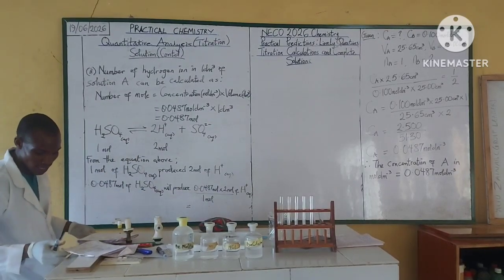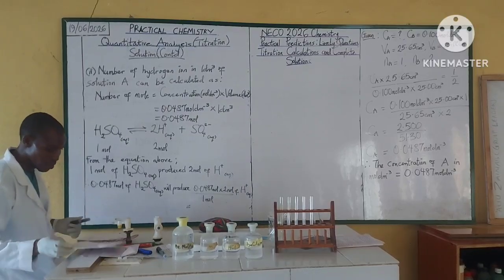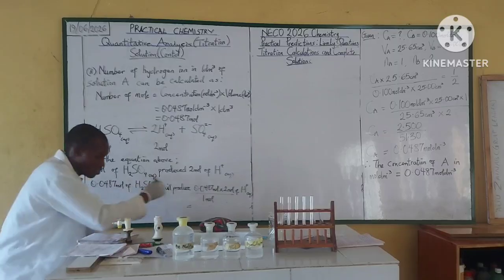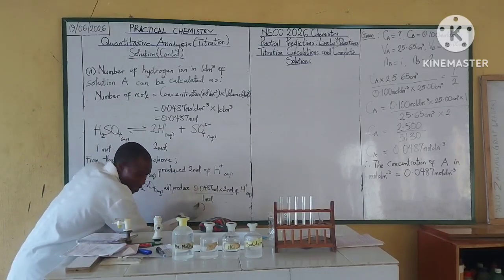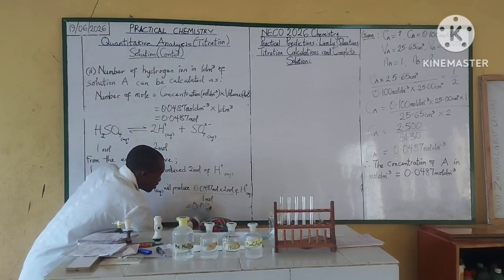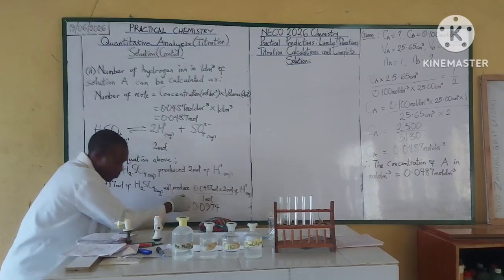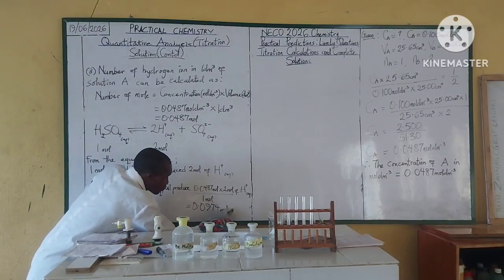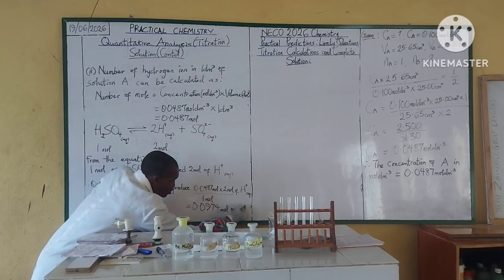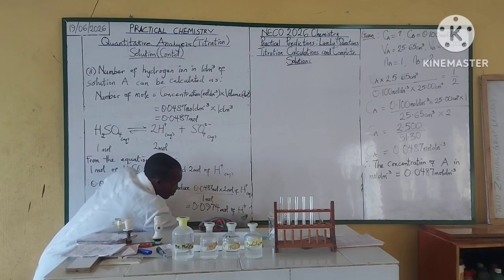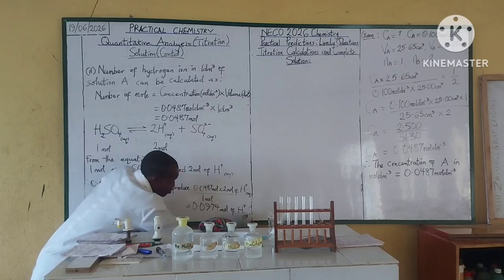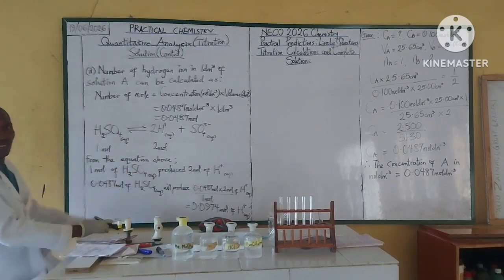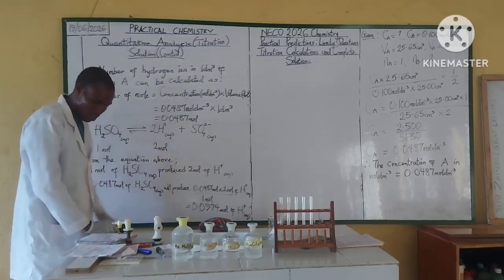Our final answer will now be, if you press your calculator, 0.0974 mole of hydrogen ion in aqueous. Don't forget, AQ means aqueous. We are telling you the state at which this occurs.